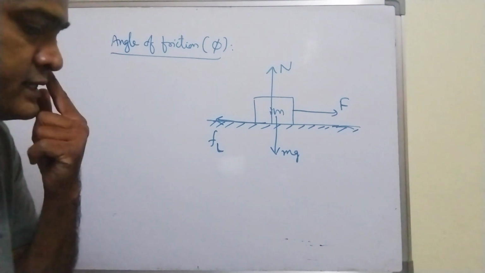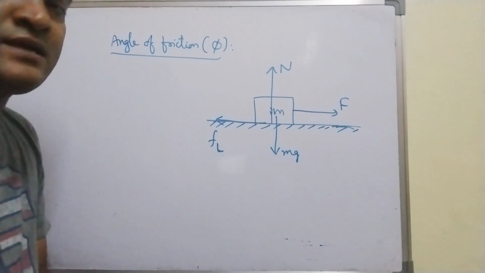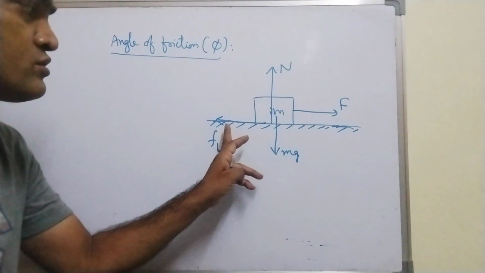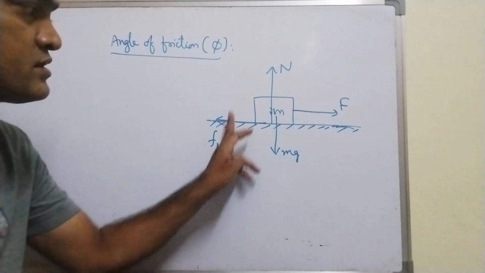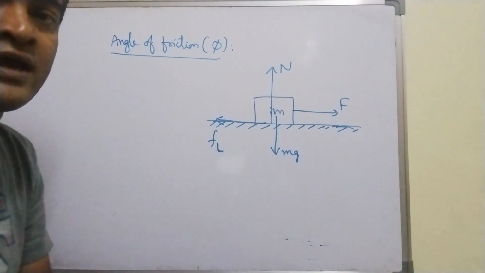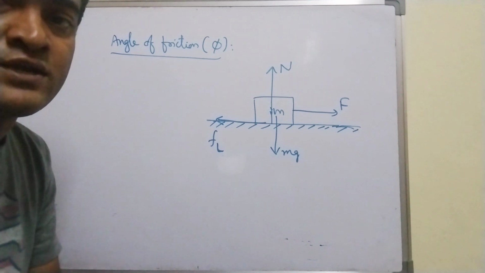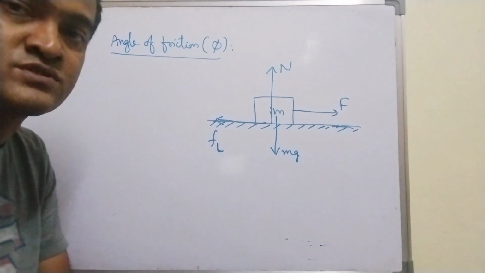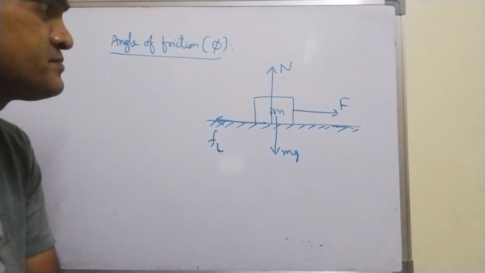If I consider normal force and limiting frictional force as two forces perpendicular to each other, you can find the magnitude of the resultant of two forces when they are perpendicular to each other.